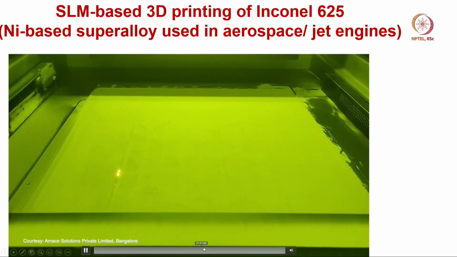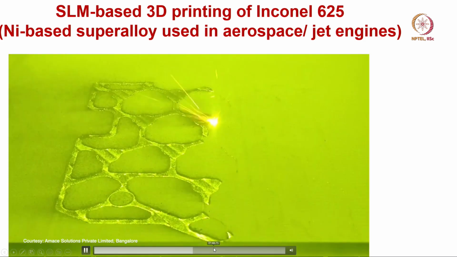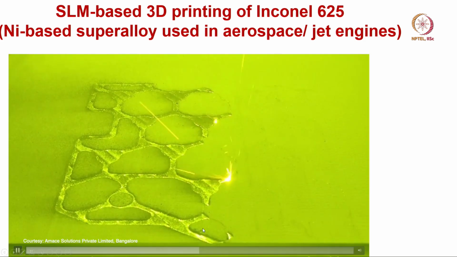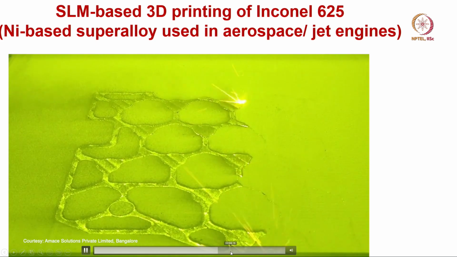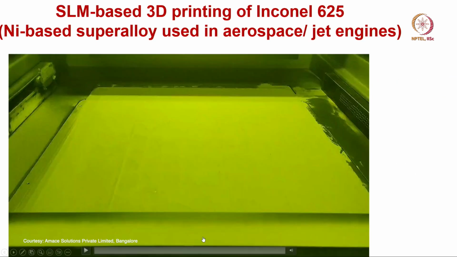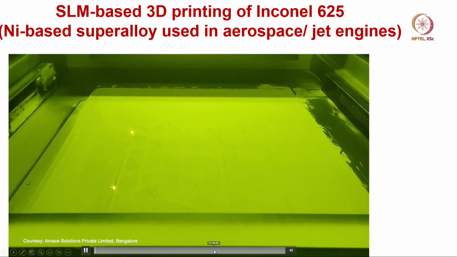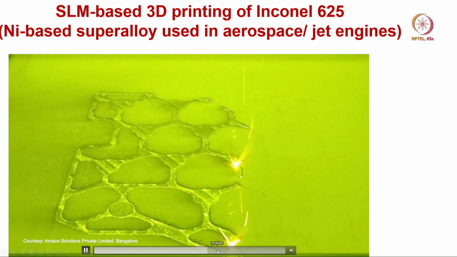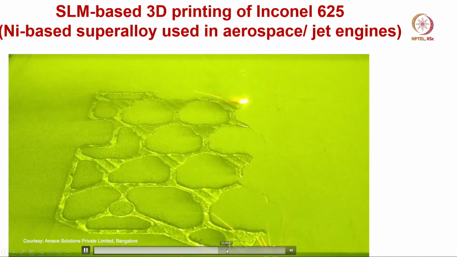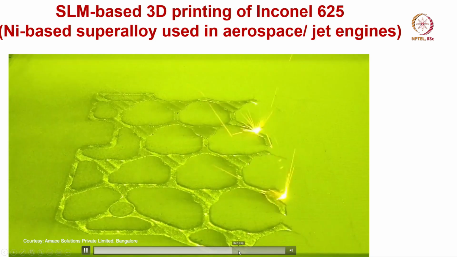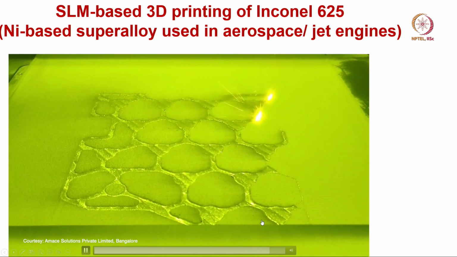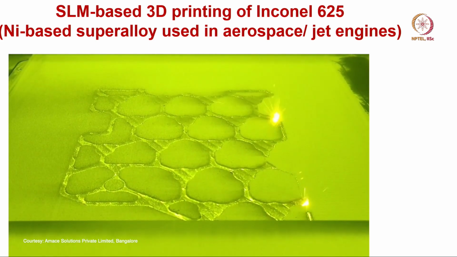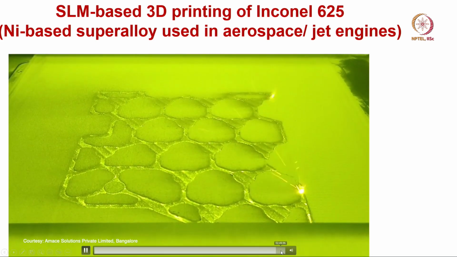I am just showing the different stages of the operation, and once this process is over, then this component undergoes post processing treatment, and after the post processing treatment this component will be ready to use.